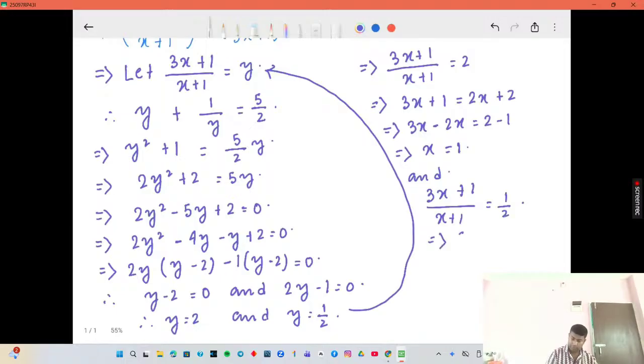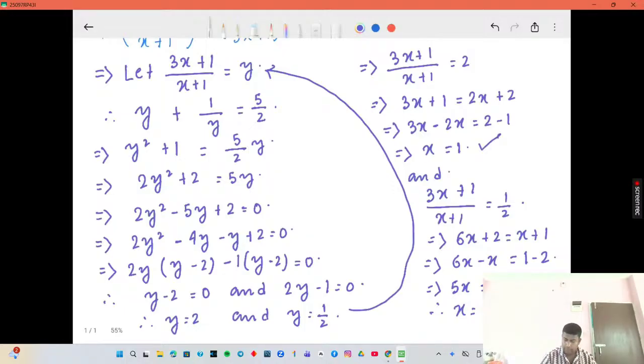So 6x + 2 is equal to x + 1, or 6x minus x is equal to 1 minus 2, or 5x is equal to minus 1. Therefore, x is equal to minus 1/5.